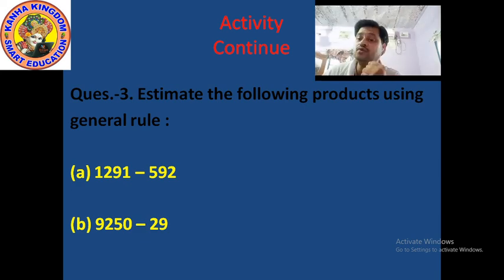But the second number is 29. So what do you have to do? Yes, here you apply the 2-digit general rule, that is the nearest 10. So if we convert this number to the nearest 10, which place value do you use? The ones place value.